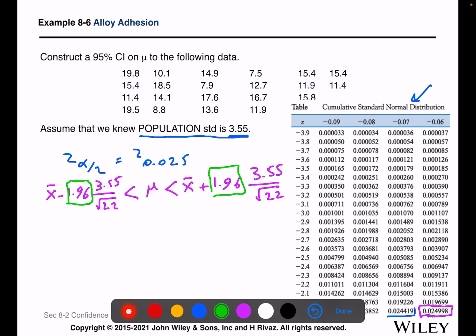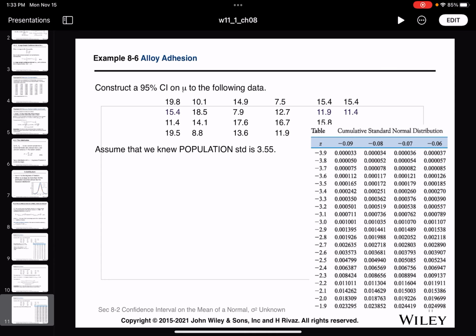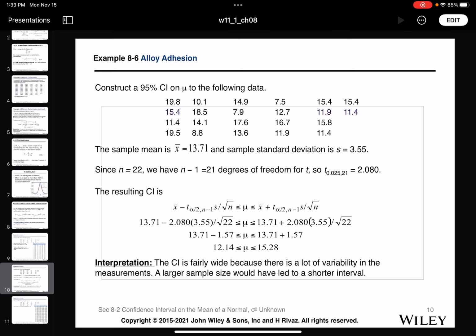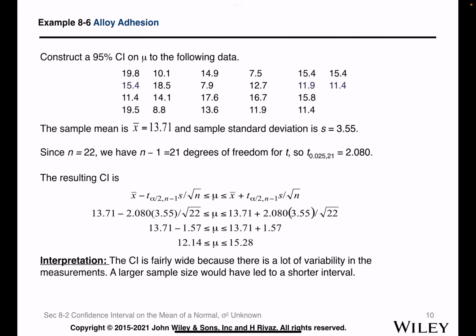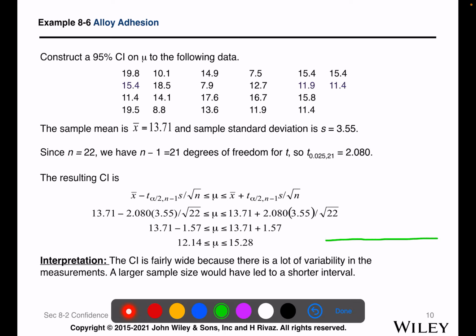So in this case, we had between 12.14 and 15.28, right? That's our confidence interval for using the t distribution when we don't know the population variance.